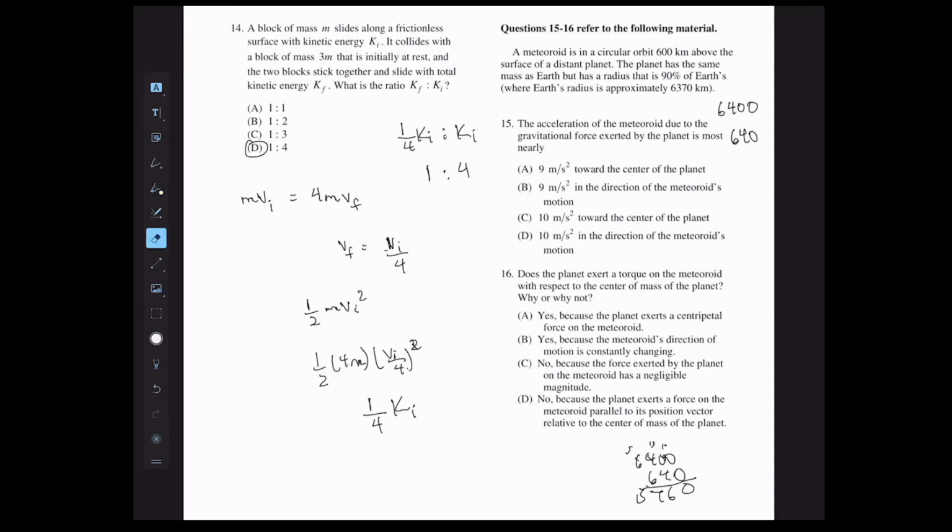Sorry, ignore what I just did. So this planet is 637 kilometers smaller than Earth, but it's above 600. So it's still smaller than Earth.